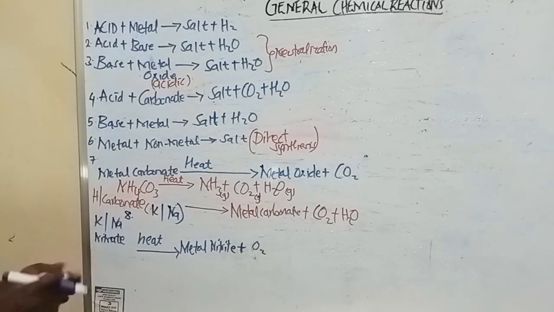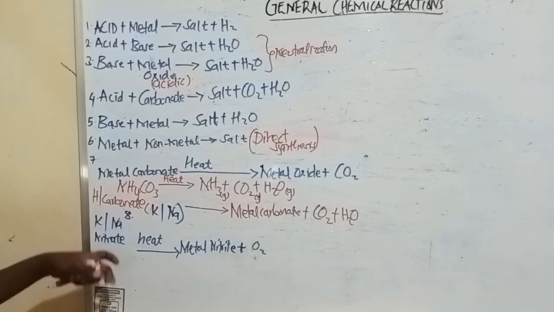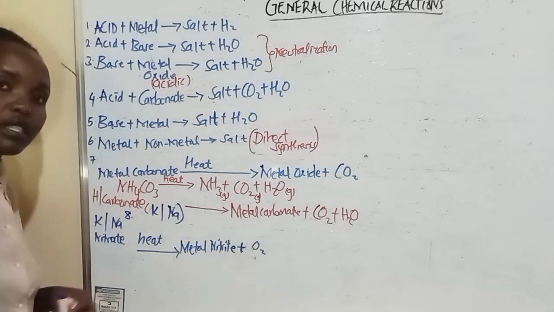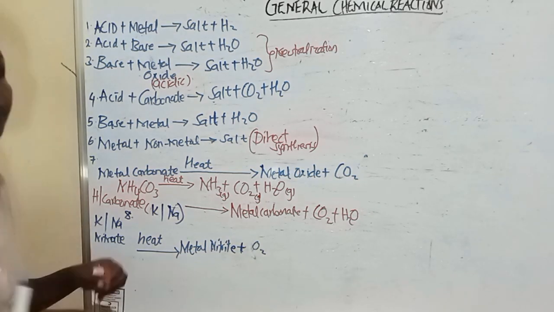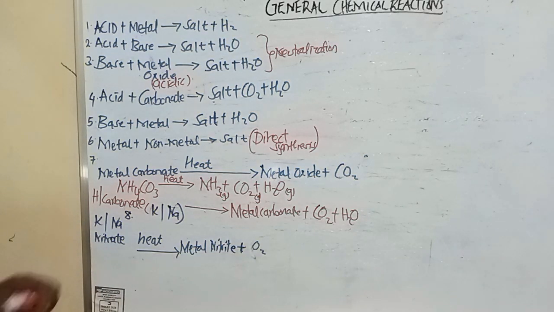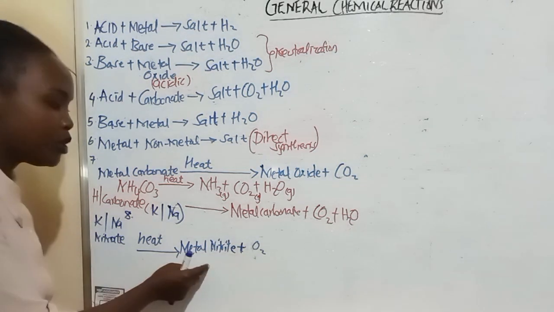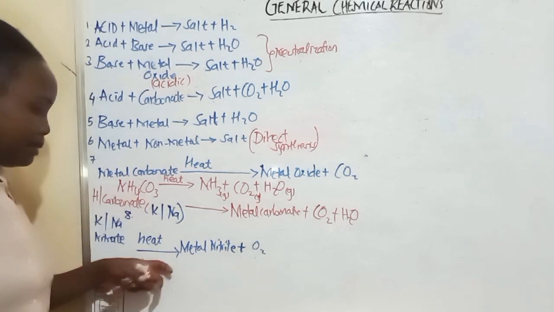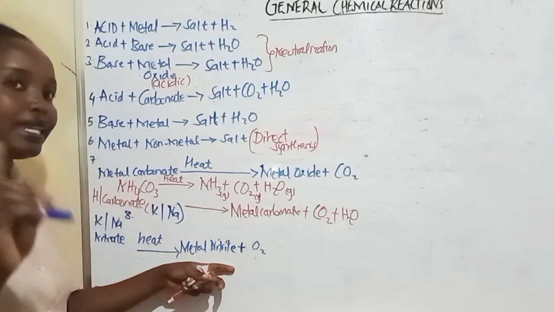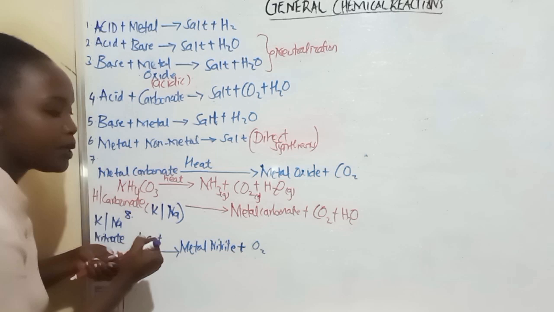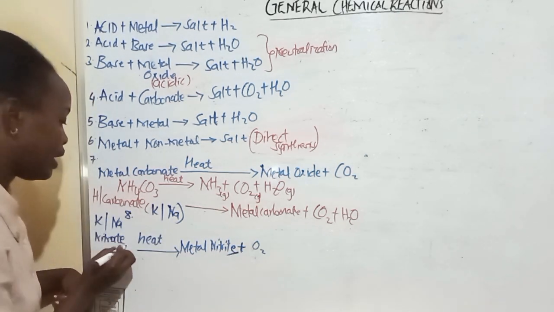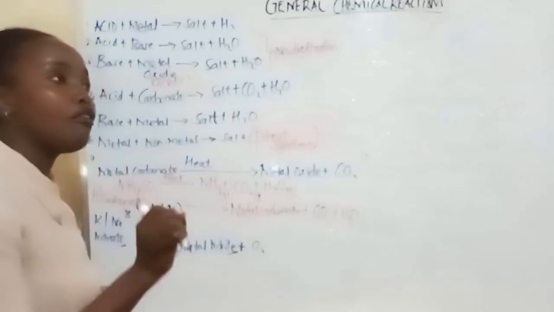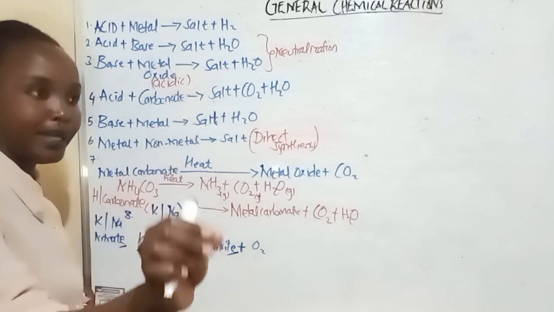So when you go to the eighth general equation, number 8, we are going to talk about nitrates. When you decompose the nitrates of metals which are again high in the reactivity series, in this case sodium and potassium, you're going to form your metal nitrite. Remember, it is not nitrate, it is nitrite. We check the prefixes, and the suffixes help us to identify the number of oxygen atoms present.